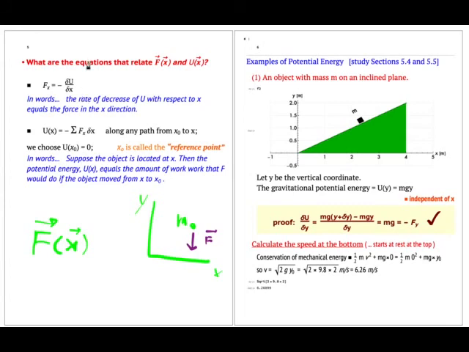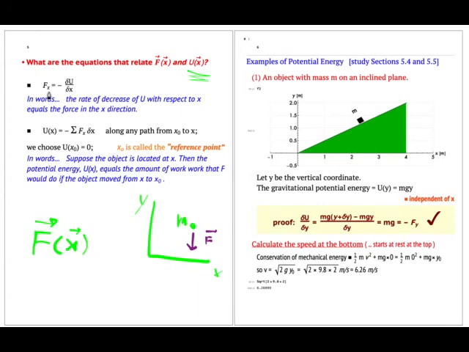If F is a conservative force, then there is a corresponding function, u of x, called the potential energy function. F is a vector, u is a scalar. And this is one way of relating the force and the potential energy.